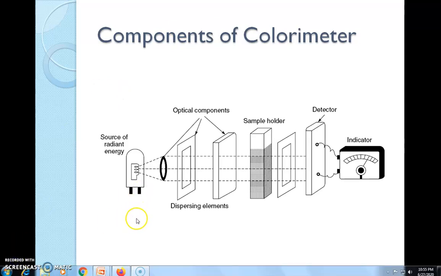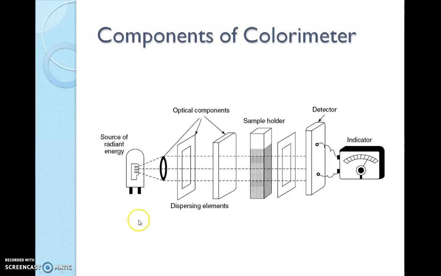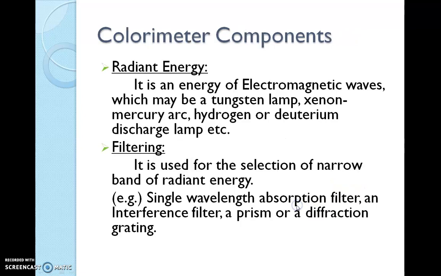So this is the basic diagram of the calorimetric setup. So here we use number of components. So first we use radiant energy and then different optical components and then sample holder. So it is nothing but a cuvette, and then detector and then display unit, that is nothing but indicator. So first, what is radiant energy means?